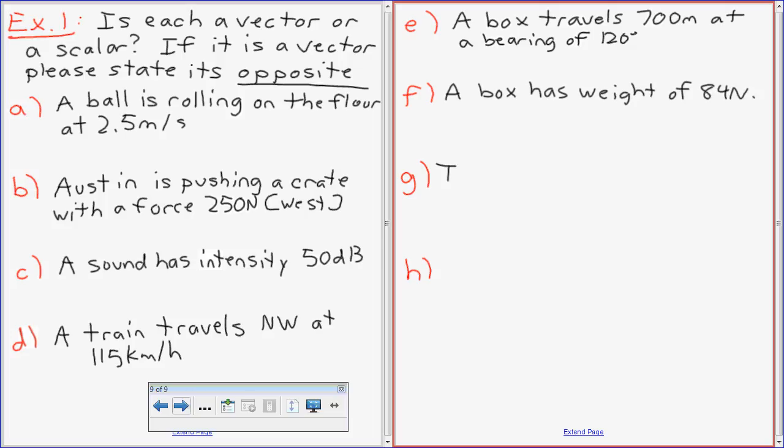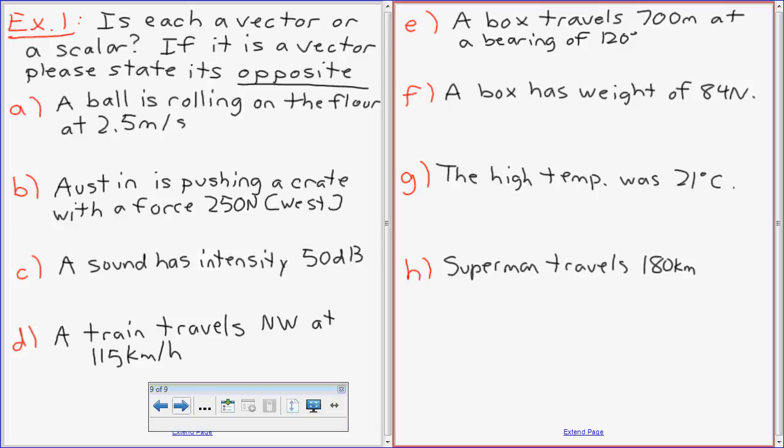H, the high temperature yesterday was 21 degrees. And we're going to say Superman travels 180 kilometers, so that's 25 degrees west.